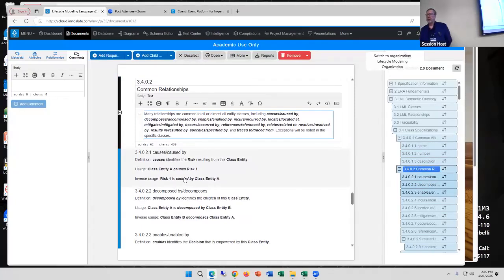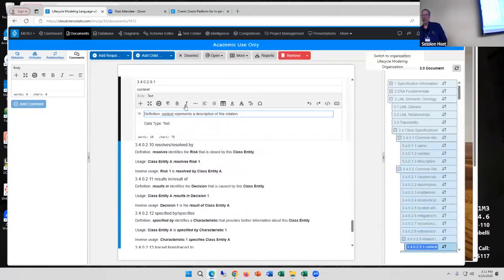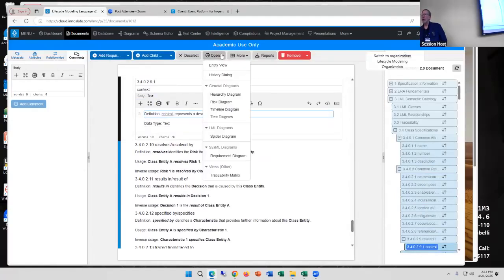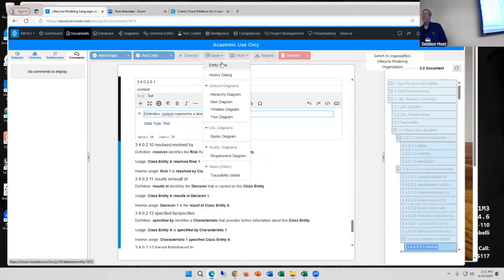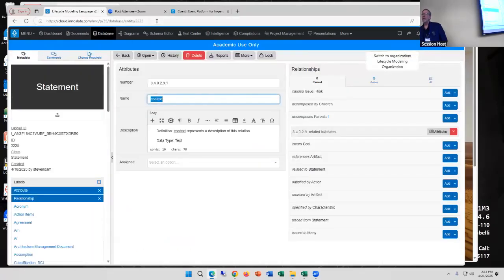Again, a little bit of inconsistencies in some of the word processing here, but we will be cleaning that up. Go all the way down to when there's an attribute on a relationship. Here it is. And again, to get the unique URL for any one of these objects, open the entity view for it. And that's that unique URL.